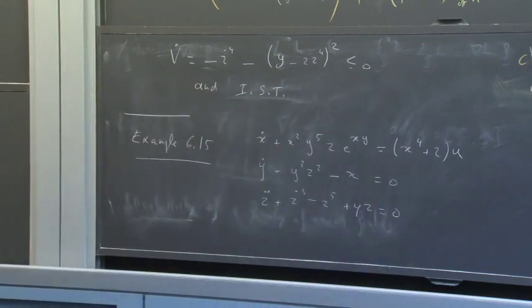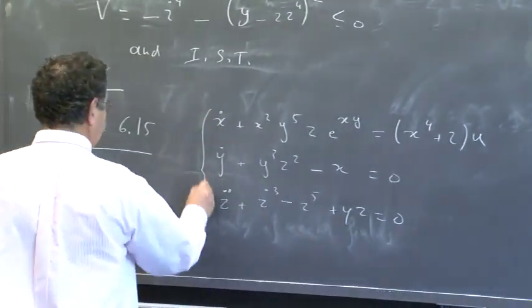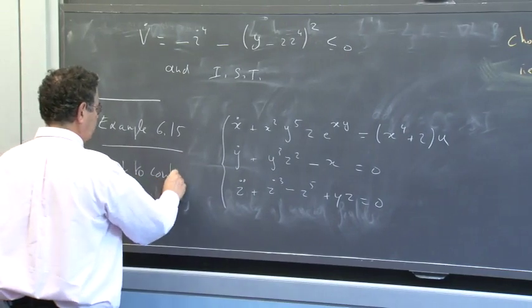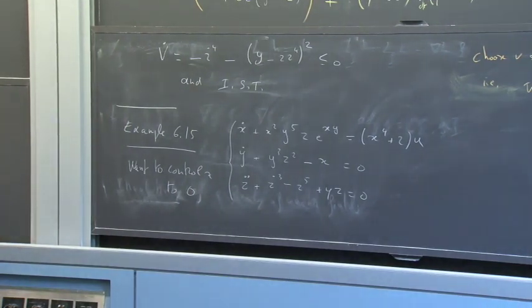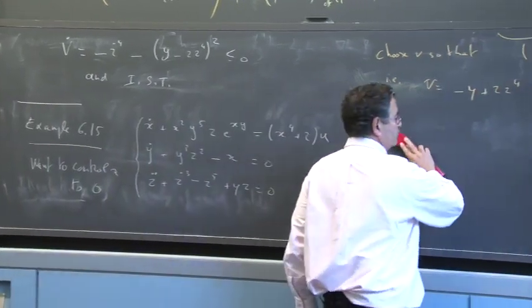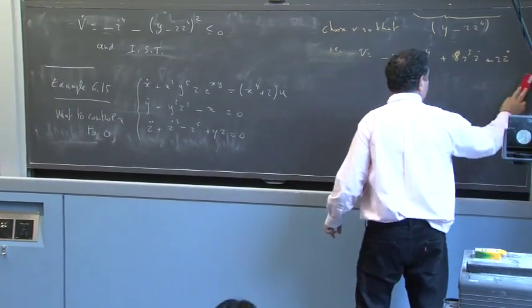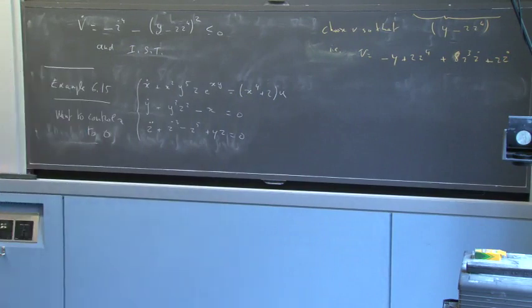So suppose we have this system, we want to control x to 0. What could we do?